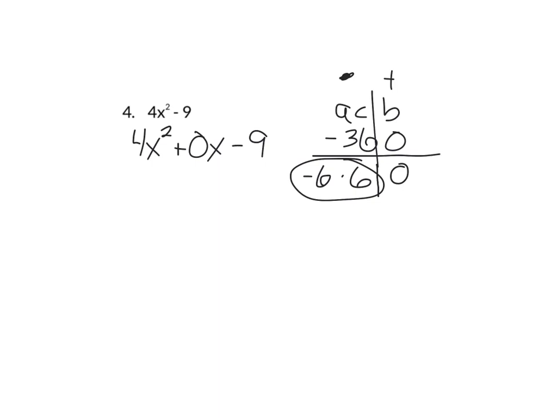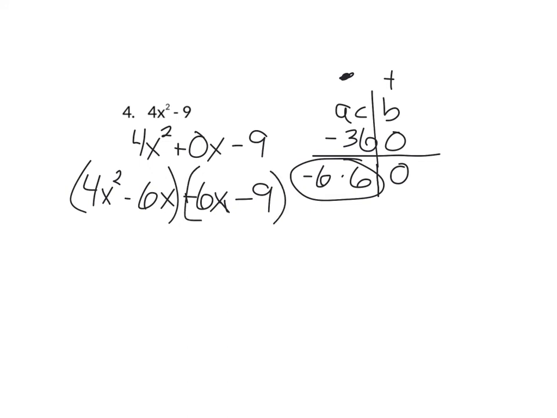So, rewrite your trinomial. 4x squared minus 6x plus 6x minus 9, and then we group. GCF in that first set, they are both even, so we can take a 2 out and an x.